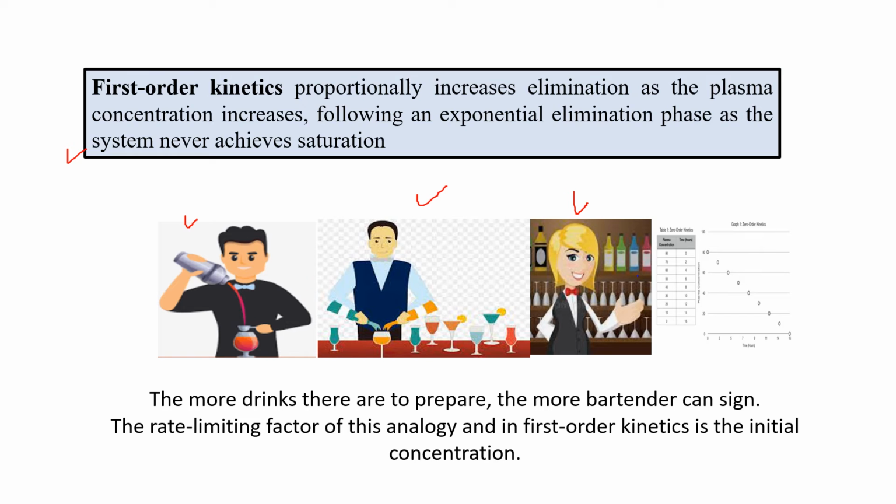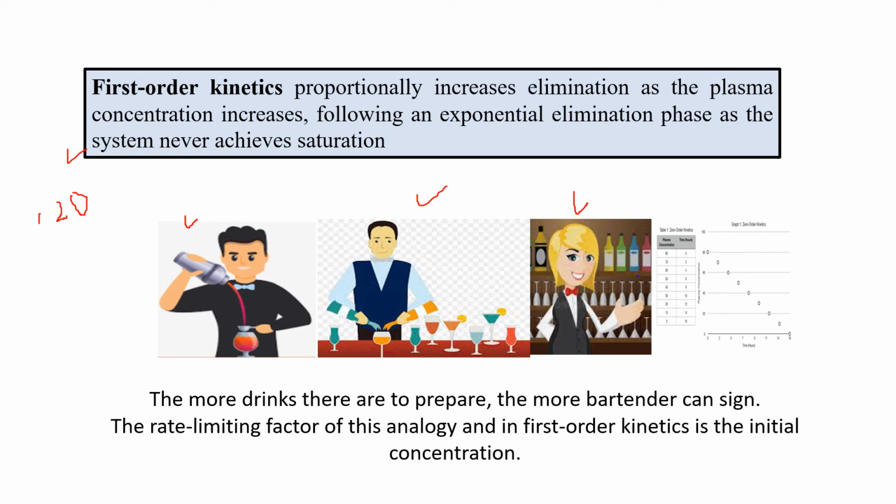So if we have 120 orders, he will bring one more friend. So 60 drinks in an hour times 2 is equal to 120. If you have 180 drinks to prepare, he will add one more friend. So the more drinks there are to prepare, the more bartenders he can assign.